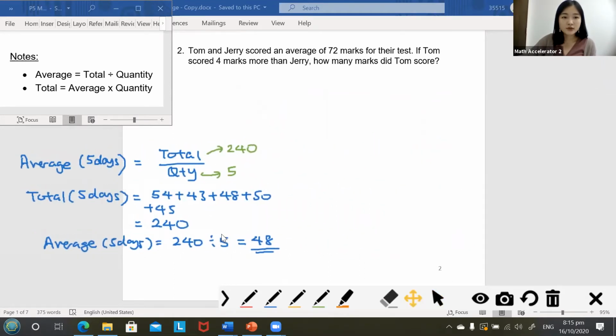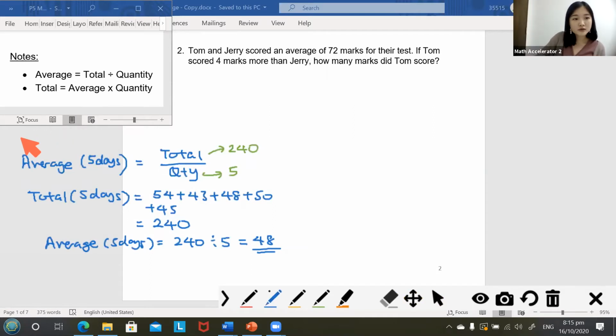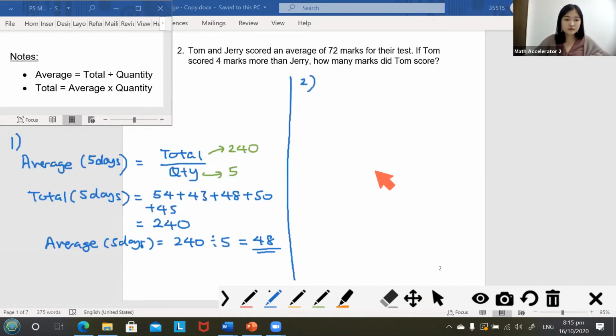I'll leave question 1 here if you're still copying. Tom and Jerry scored an average of 72 marks for their test. Average 72. If Tom scored 4 marks more than Jerry, remember to underline and highlight the keywords along the way.